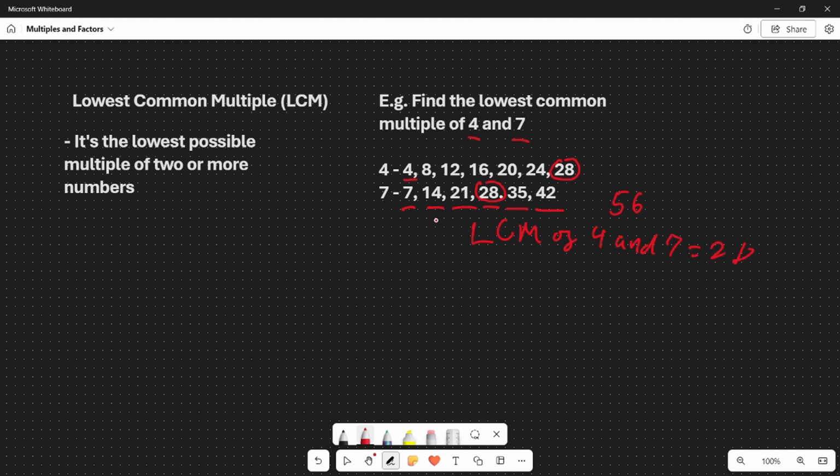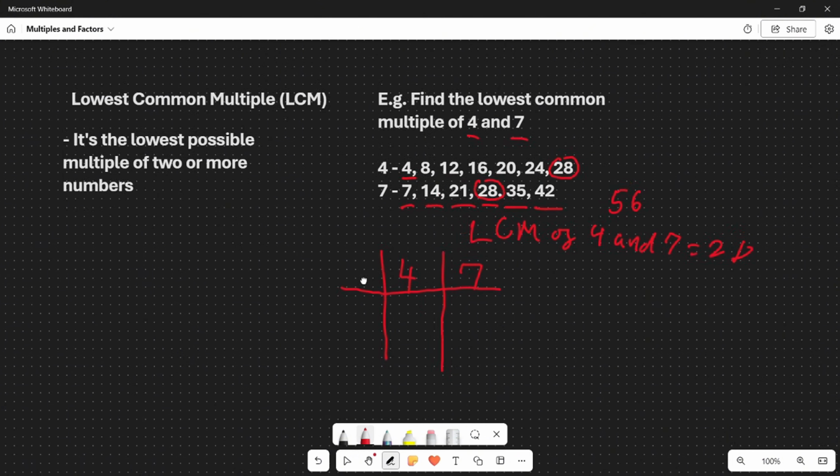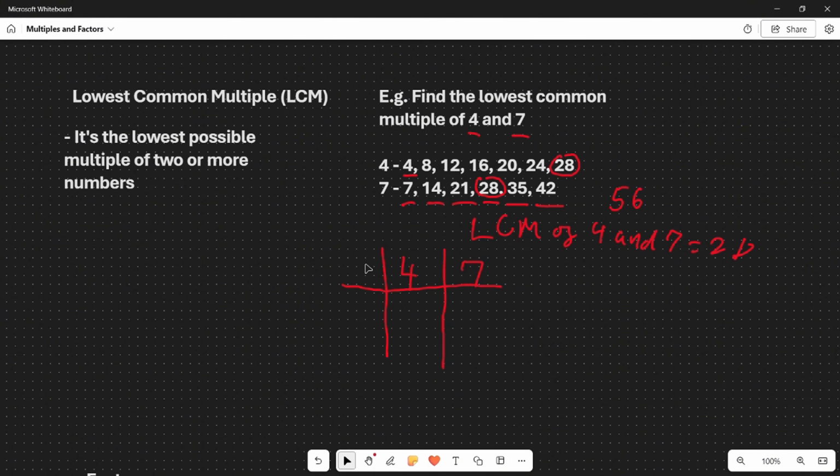Now this is the first method, and a second method is kind of easier than just stating out multiples, and that is the tabular method or the prime factorization method. Here you put both numbers together, 4 and 7, and make a table with two columns, and then you state the prime factors that can be used to divide them out.